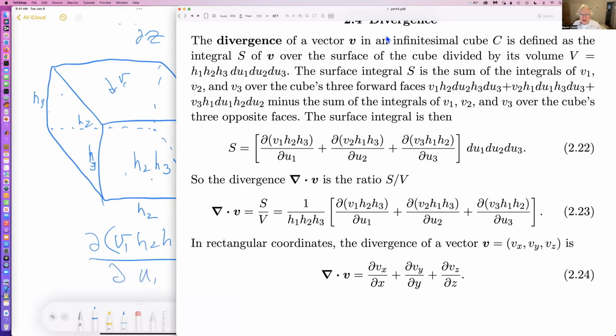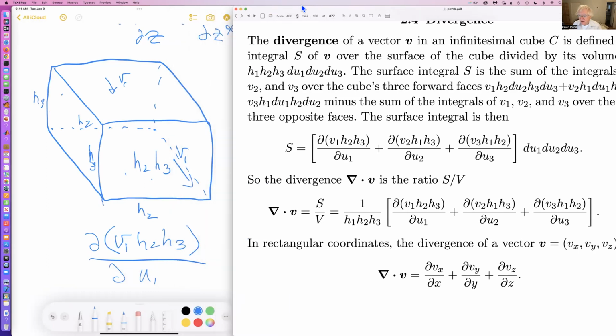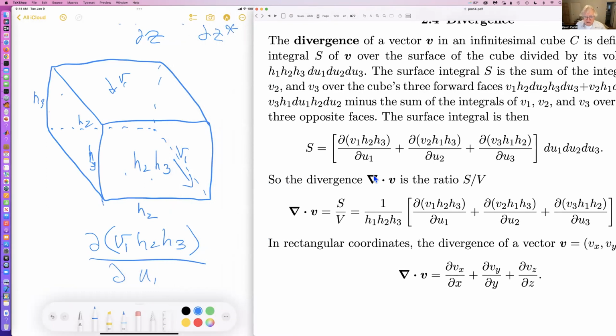That gives you the surface integral. The volume then is H1, H2, H3, du1, du2, du3.